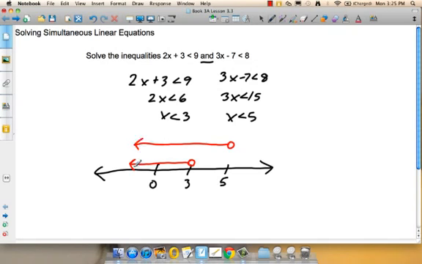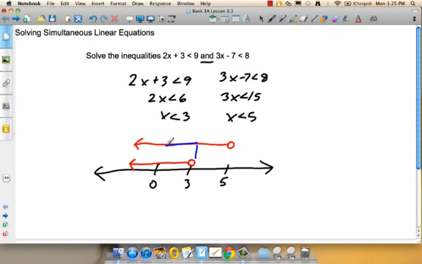Now what we'll see is that x satisfies x is less than 3 and x is less than 5. We find the common part of both solutions. The common part of both solutions is this part over here where x is less than 3.